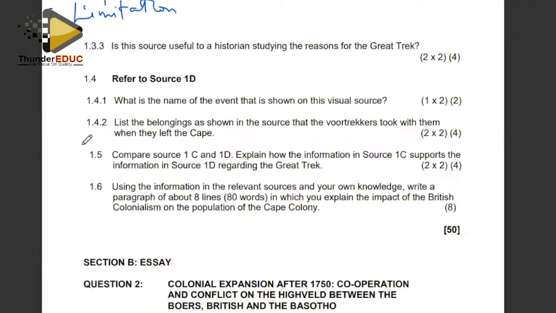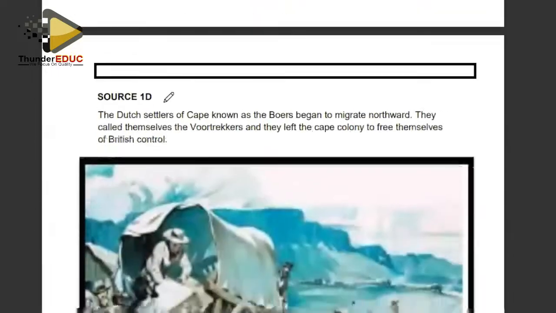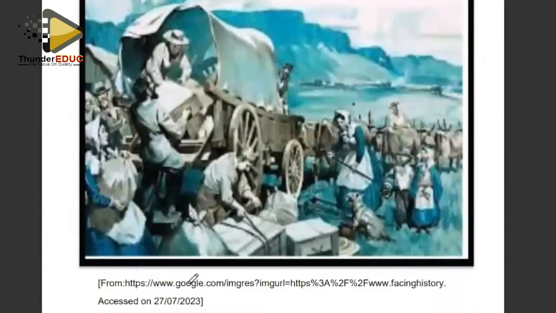What is the name of the event that is shown on this visual source? What is the name of the event? Right, this is our visual source. We are seeing these white guys with their ox drawn carts and with their valuables and all their properties, their animals. They are packing their things in preparation to move away from the Cape. So that's the portrayal on the picture. What is it called?